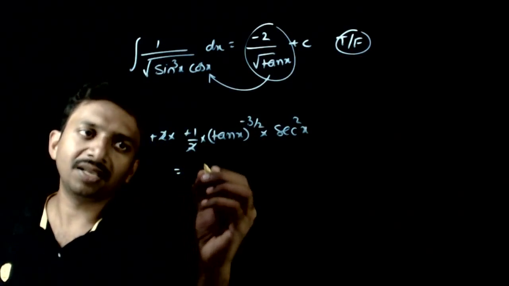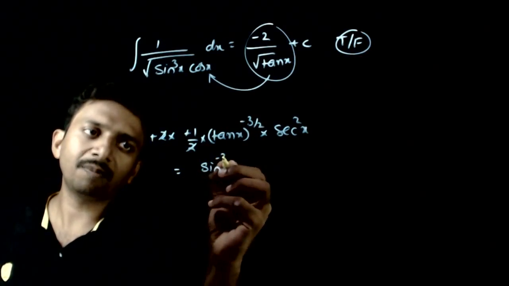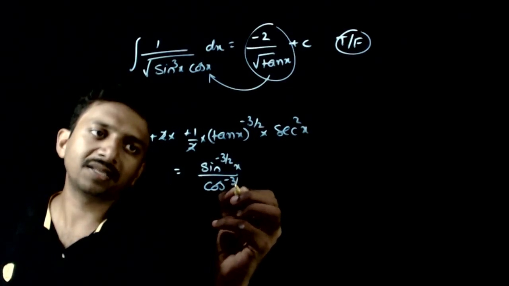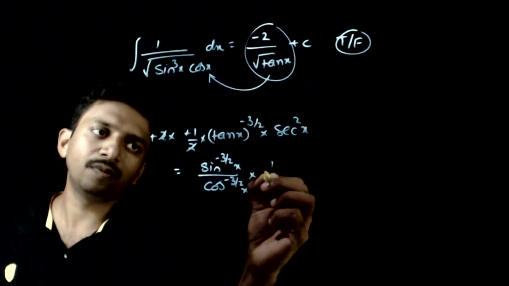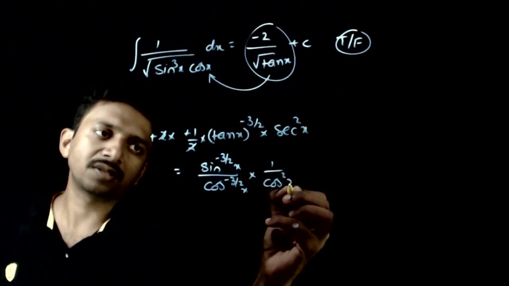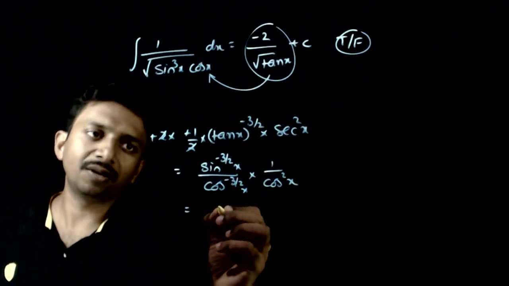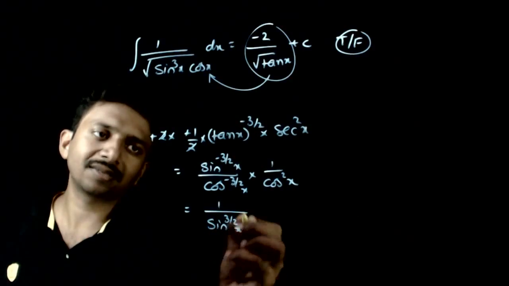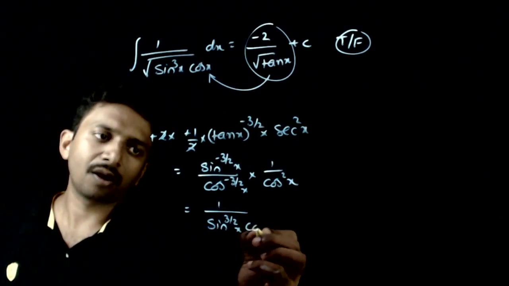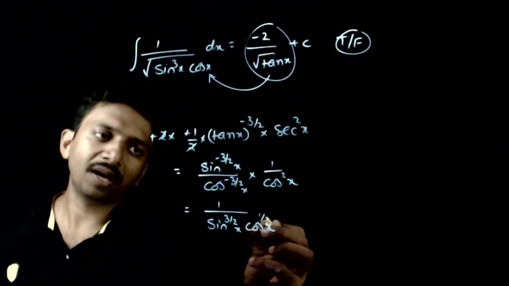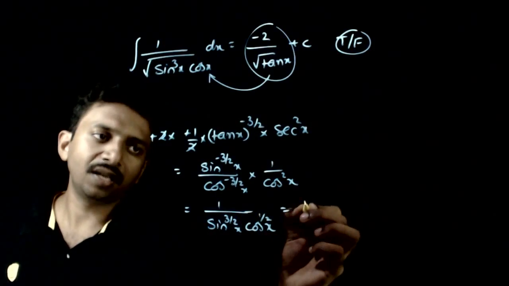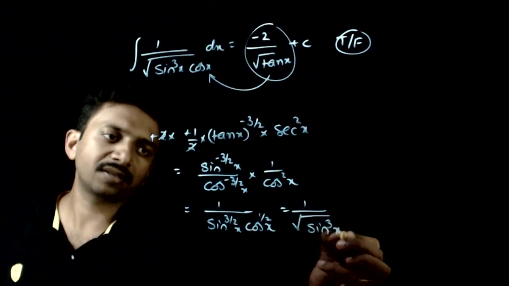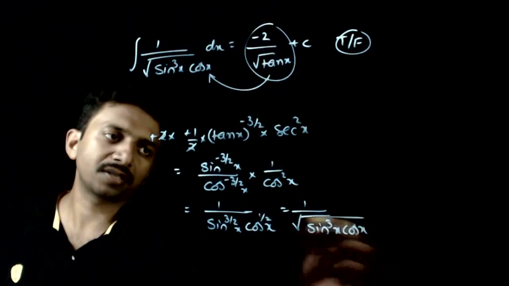That is equal to sin power minus 3 by 2 x by cos power minus 3 by 2 x into 1 by cos square x. That is equal to 1 by sin power 3 by 2 x into cos x power half. That is equal to 1 by root of sin cube x into cos x.